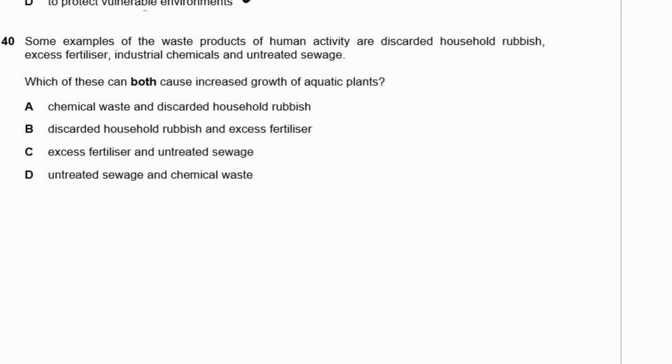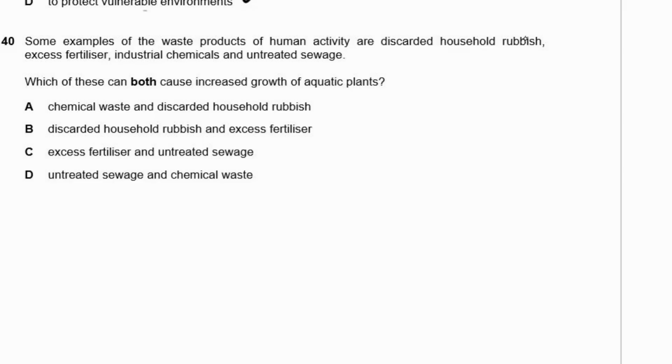Question 40. Some examples of the waste products of human activity are discarded household rubbish, excess fertilizer, industrial chemicals, and untreated sewage. Which of these can both cause increased growth of aquatic plants? Okay, the things that can cause increased growth of aquatic plants contain molecules like nitrogen and phosphorus.